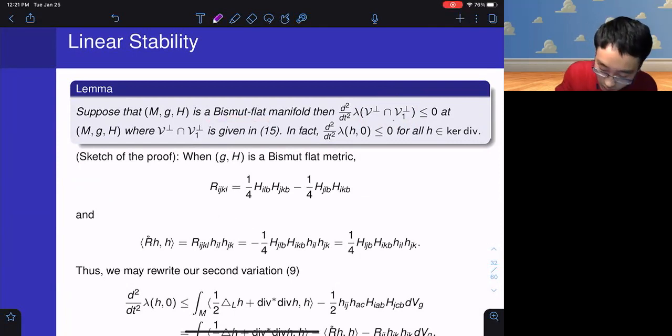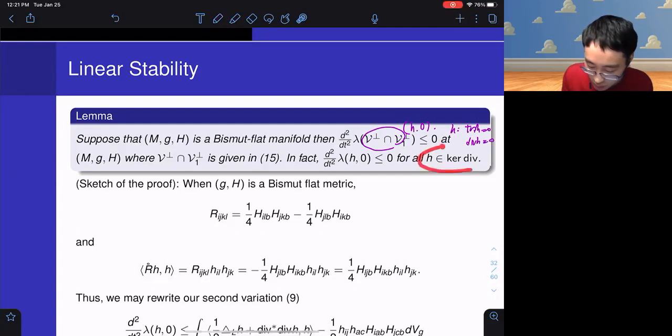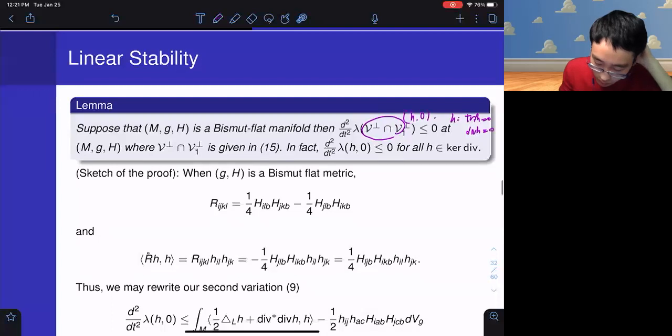Here we recall that this part is H0, where H is trace free and divergence free. But in fact, we only require H to be in the kernel of divergence. We don't actually use the trace free condition here.